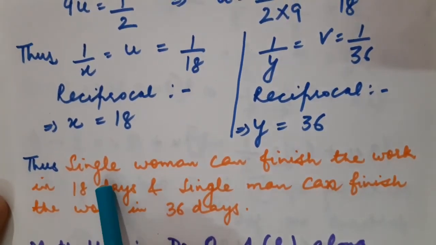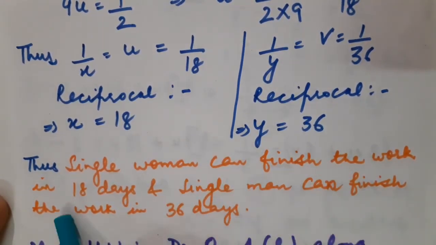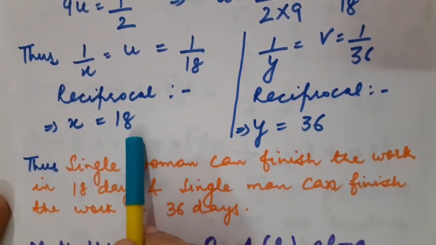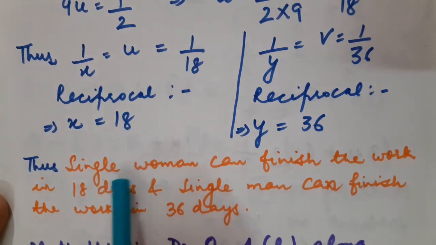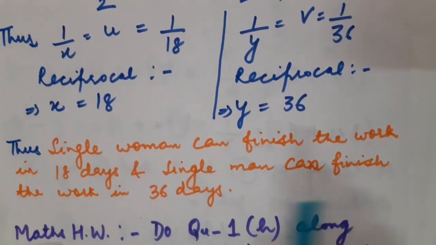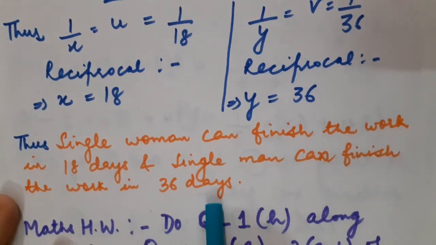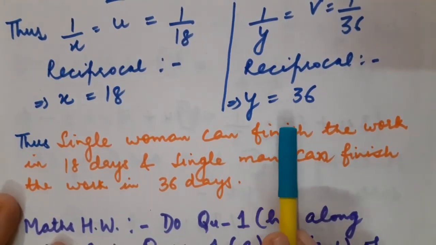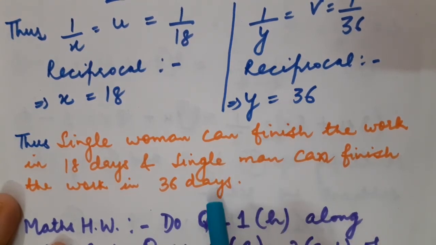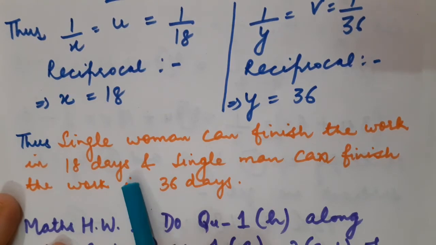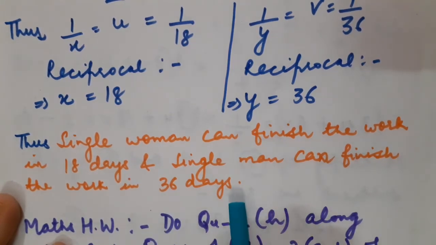So thus, a single woman can finish the work in 18 days, x being the days assumed by me for the women. Now, a single man can finish the work in 36 days, y being the assumption made by me for one man. Clear? So x is equal to 18 days and y is equal to 36 days.